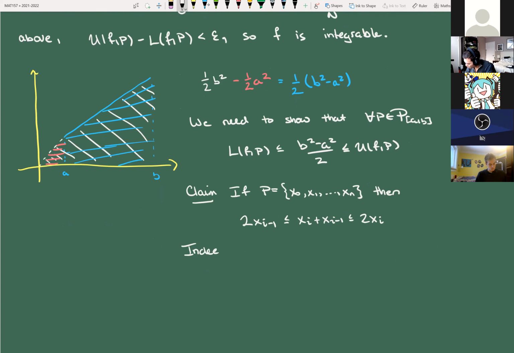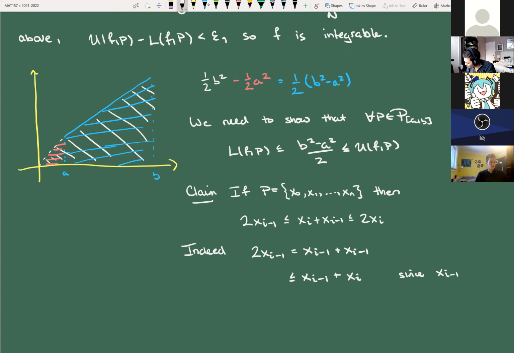So indeed, 2x_{i-1}, that should be in subscript, is equal to x_{i-1} plus x_{i-1}. That's going to be less than or equal to, really it's strictly less than, but we're not too worried about that, x_i plus x_{i-1}.